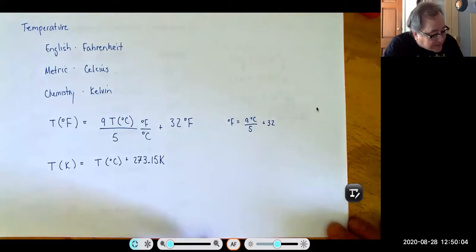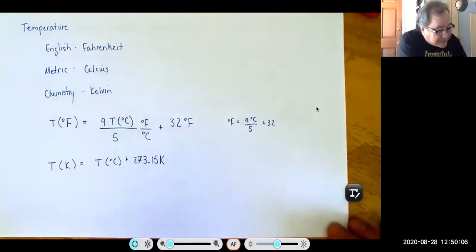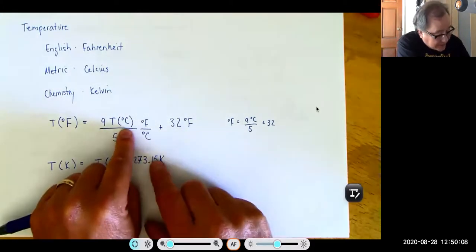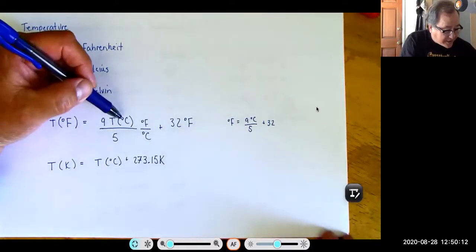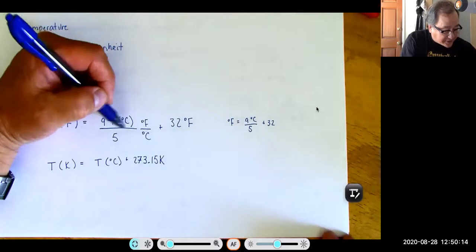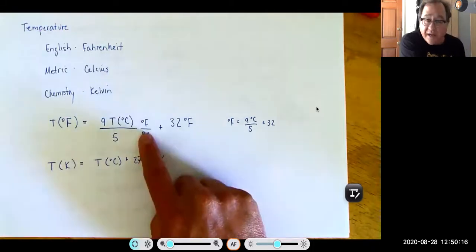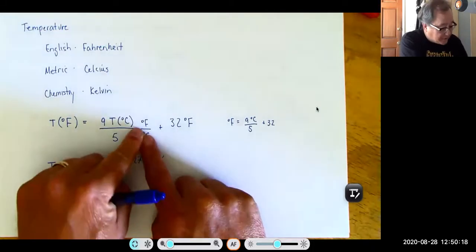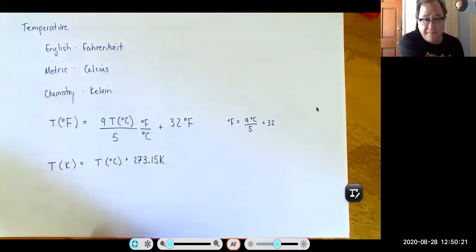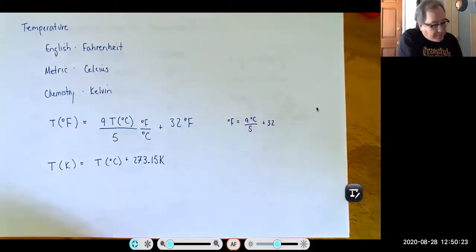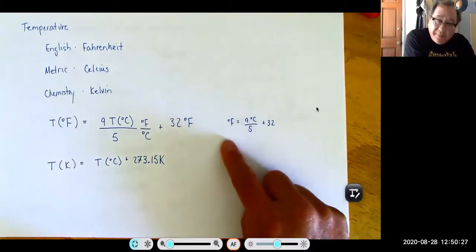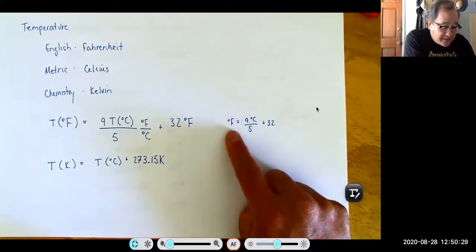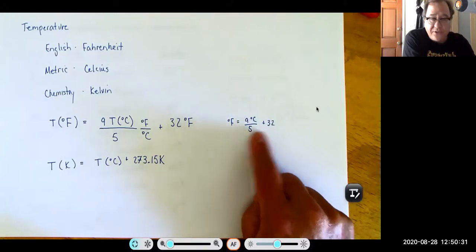The reason this says degrees Fahrenheit and this says degrees Celsius is that when you put the temperature here in degrees Celsius, the Celsius cancels out, the unit ends up being degrees Fahrenheit, and degrees Fahrenheit plus degrees Fahrenheit gives you degrees Fahrenheit. A simpler way to think about it: if you want the temperature in degrees Fahrenheit, multiply degrees Celsius times 9/5 and add 32.